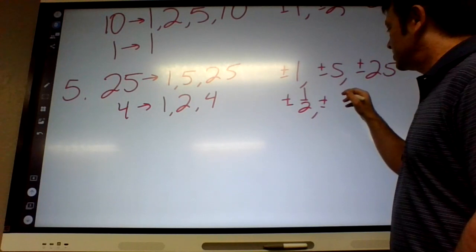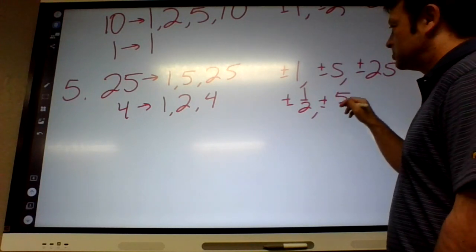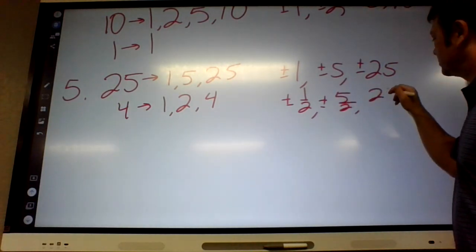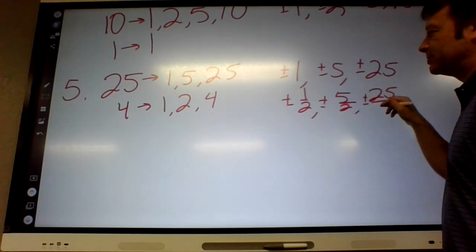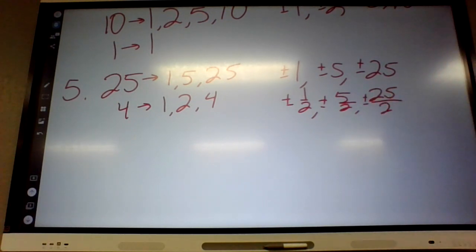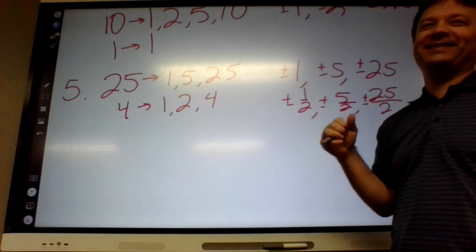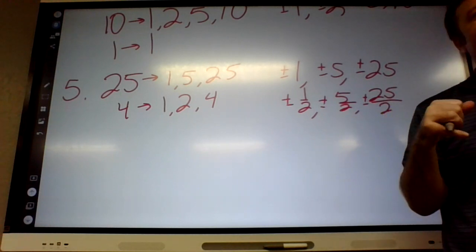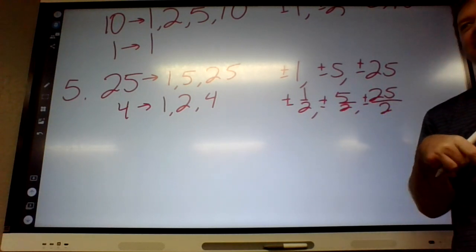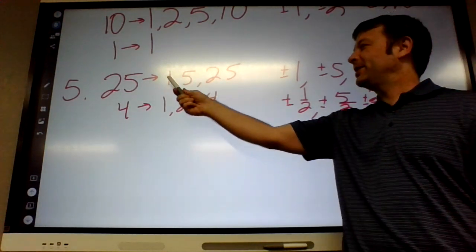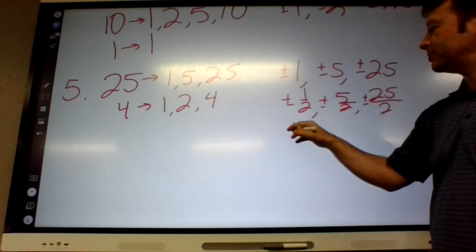They're increasing in frequency. Okay, and then 1 over 4, 5 over 4, 25 over 4.